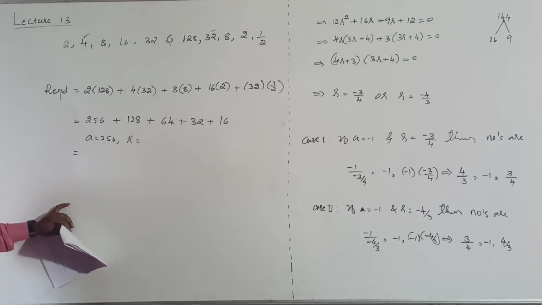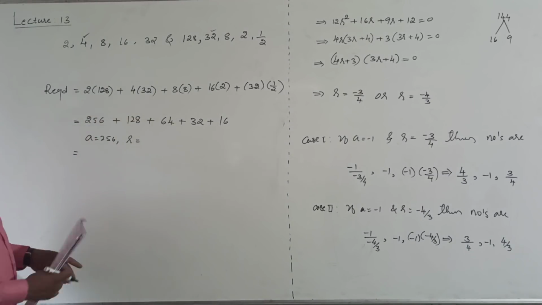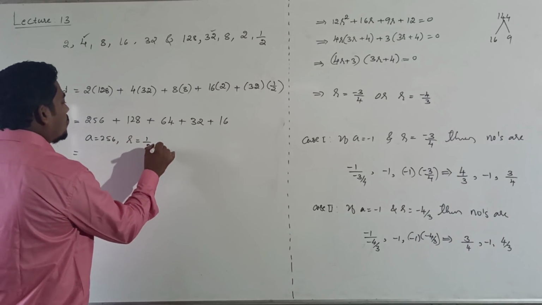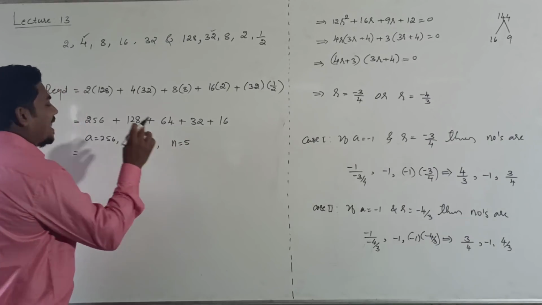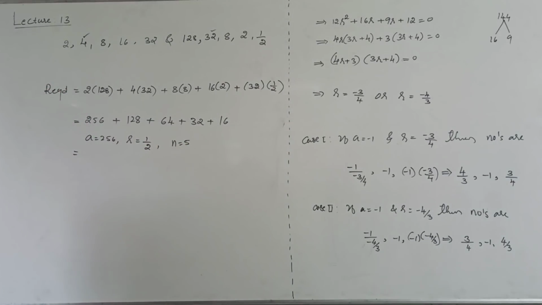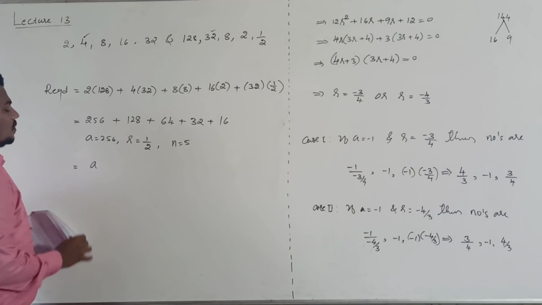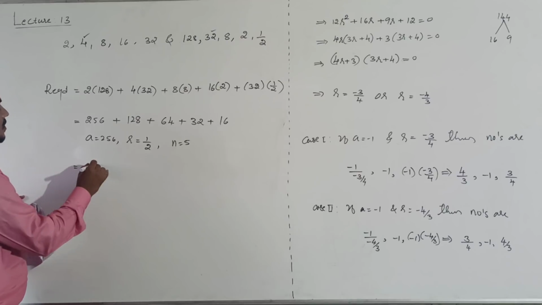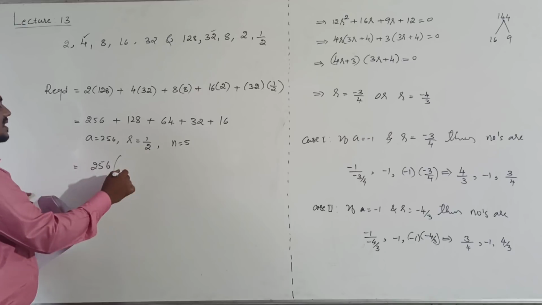Term divided by its previous term, that is 1 divided by 2, and in this case n value is 5. Then A into, what is the A value? 256.